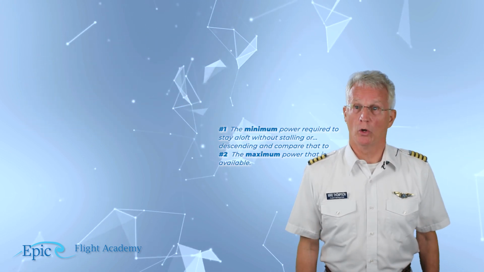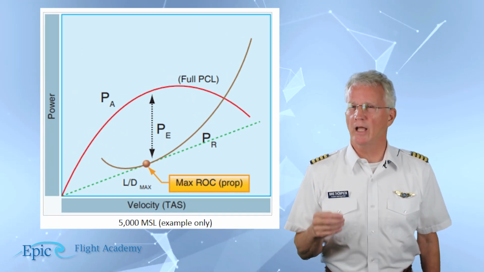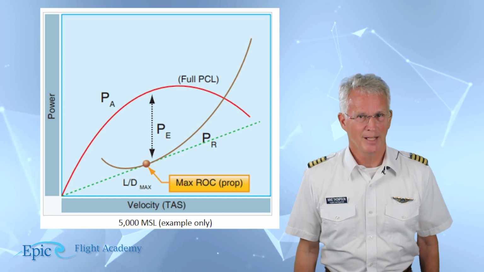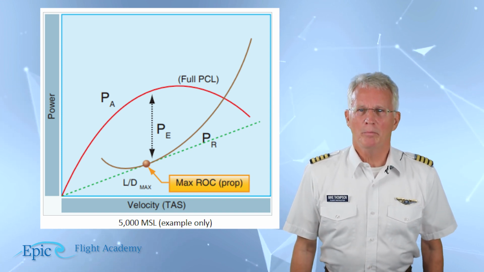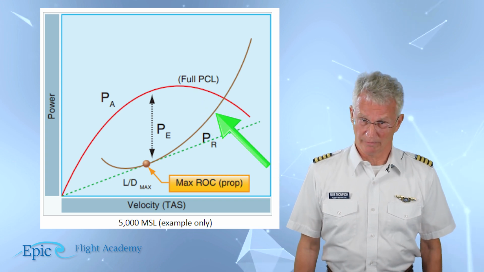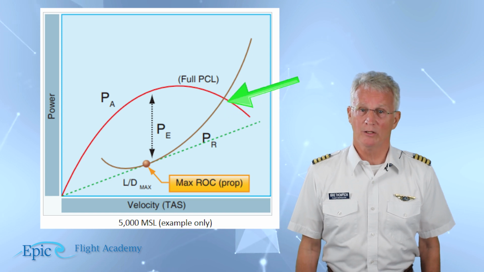We see these curves shown in the PHAC in Chapter 11 in Figure 11-9 on page 11-8. The minimum power curve required to stay aloft is the brown curve. The maximum power available is the red curve.